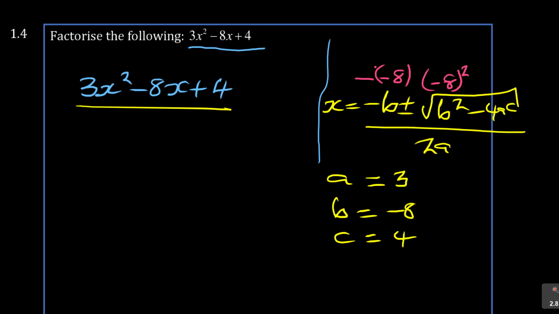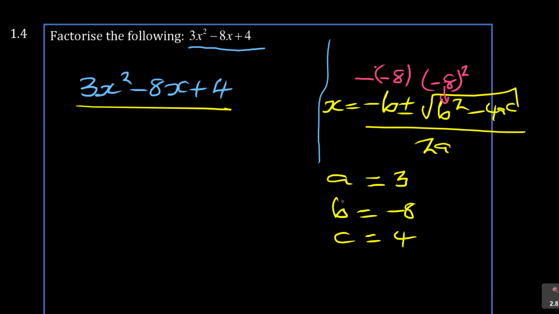Please, if you forget that negative in the square, you'll get it wrong. Inside the square root, 4 times a, which is 3, times c, which is 4, and then you're dividing by 2 times 3, where a is 3.